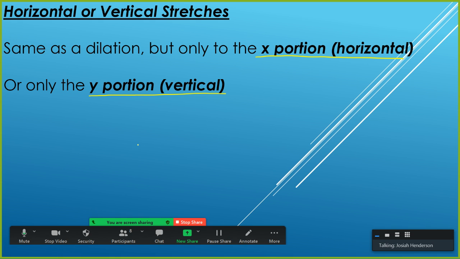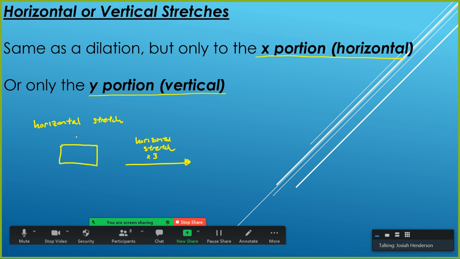So for example, let's just draw a little sketch of what this might look like. A horizontal stretch. Let's say we started with this rectangle, but then we do a horizontal stretch of times 3.